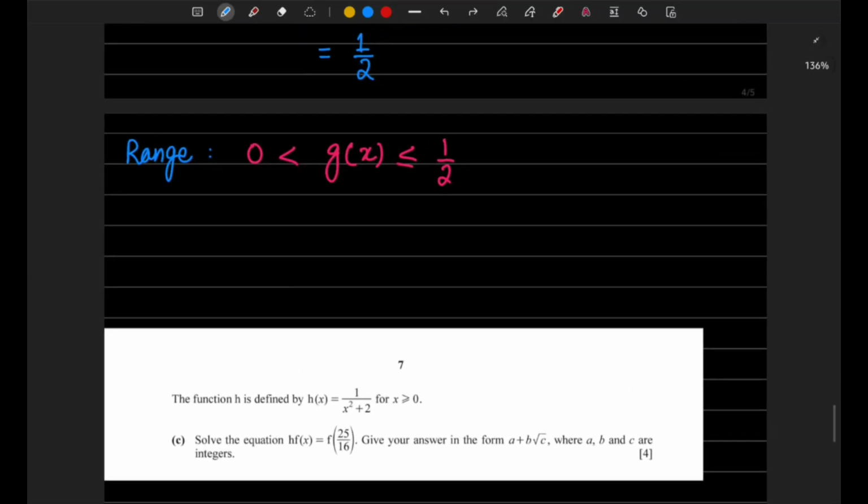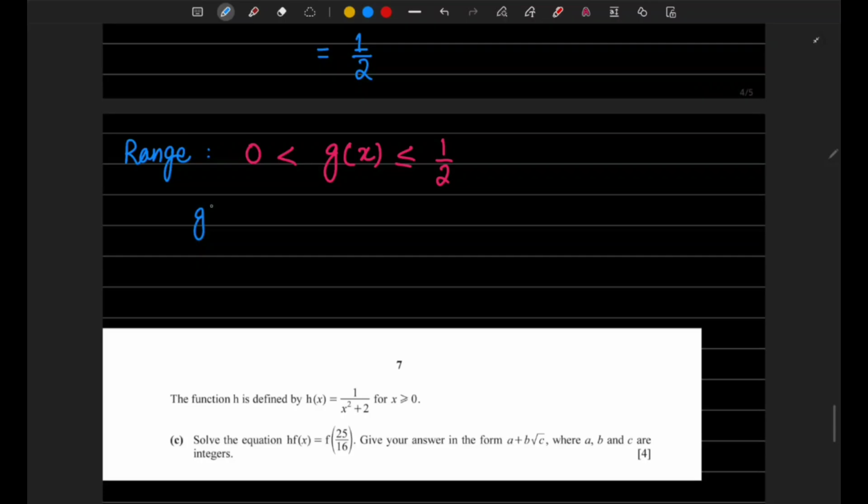Okay, so I'm writing this here. G inverse of x doesn't exist because it is not a one-to-one function.